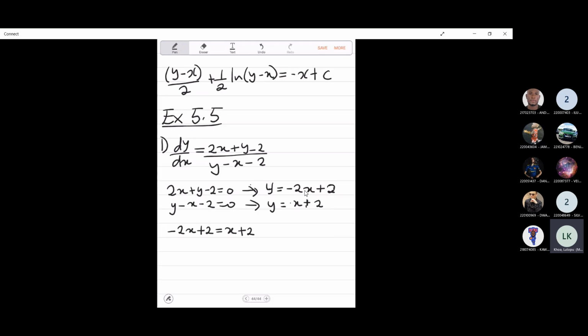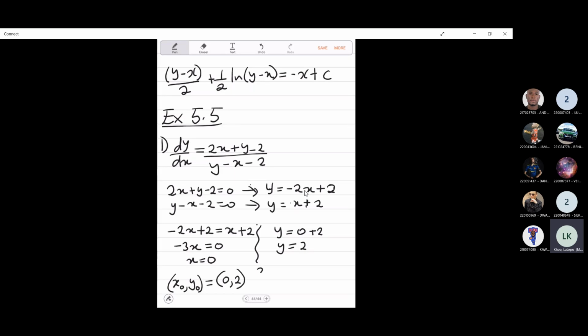This means that minus 3x is equal to 0, and therefore x is equal to 0. So if x is equal to 0, this means y is equal to 0 plus 2, y is equal to 2. So my x naught, y naught will be 0 and 2.